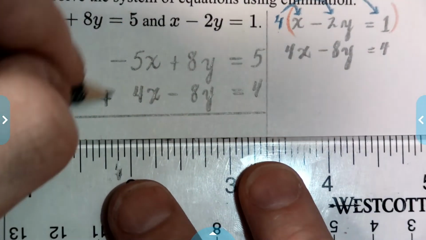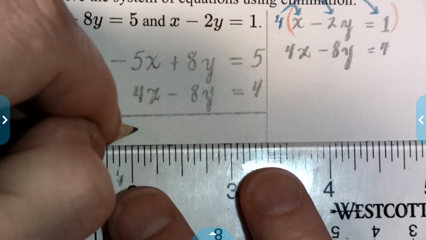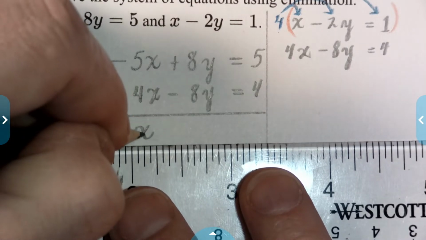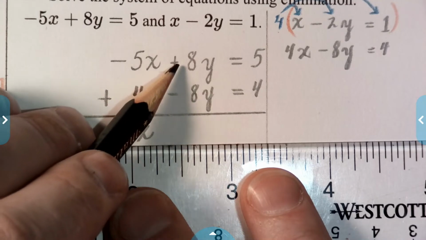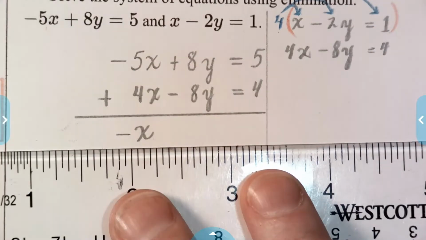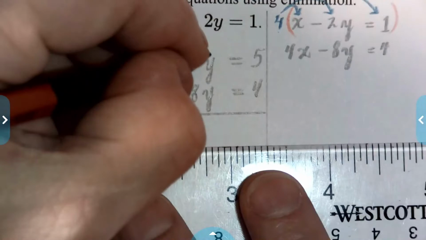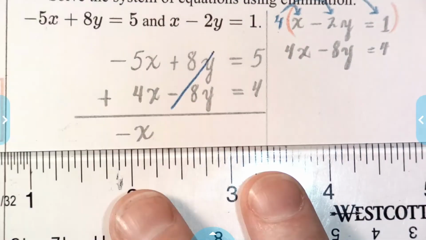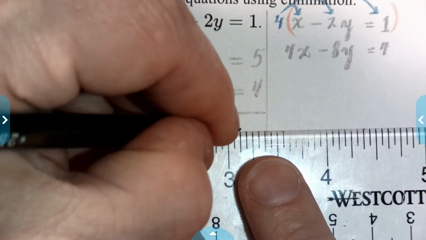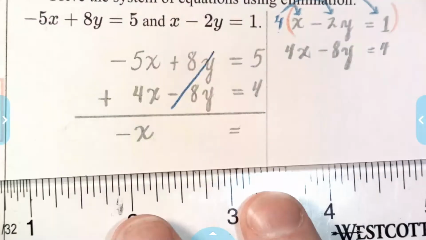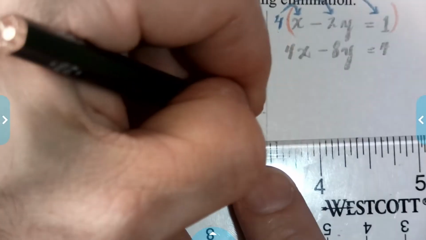I should have negative 1x here, or just negative x. And then I have this completely disappearing. So negative x equals 5 plus 4 is 9.